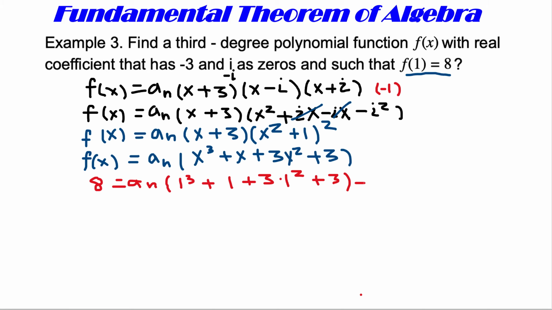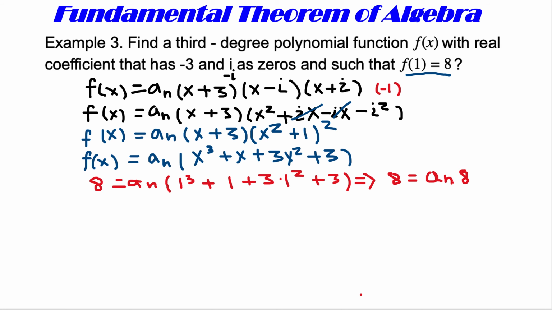And let me reduce this problem a little bit more. This is going to be 8 is equal to a_n, and I'm going to add everything inside parentheses here. 1 cubed is 1 plus 1 is 2. 3 times 1 squared is 3, plus 3. 3 plus 3 is 6, plus 1 is 7, plus 1 is 8.